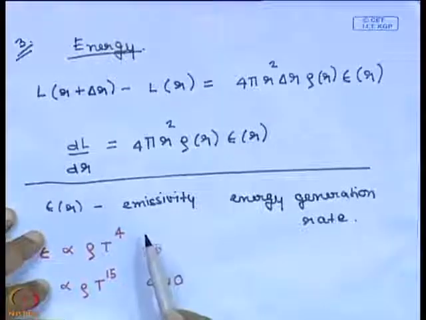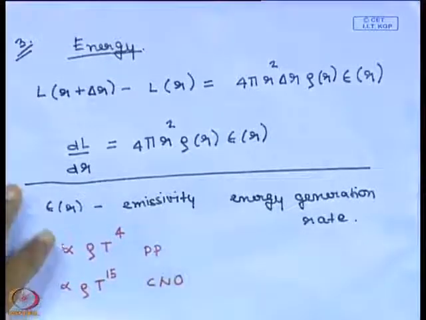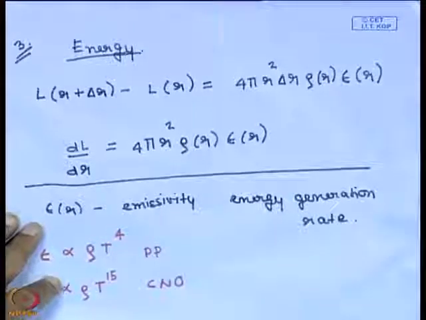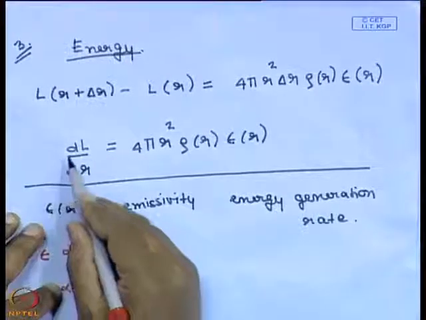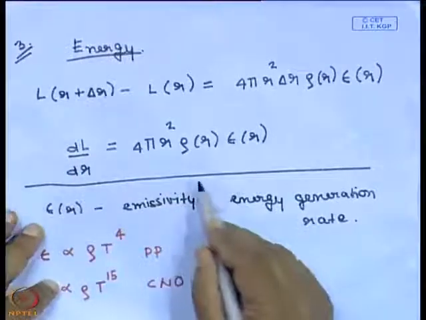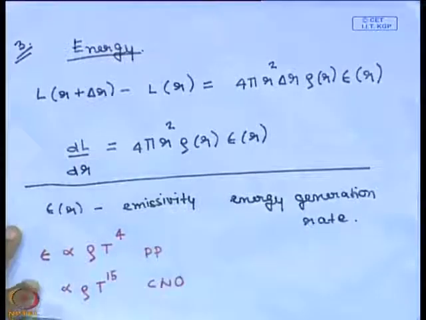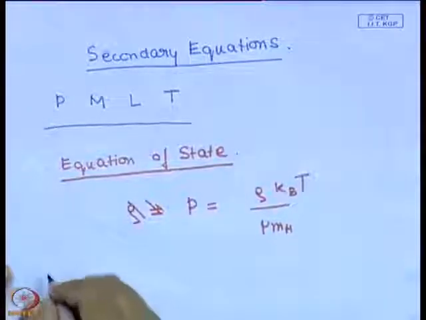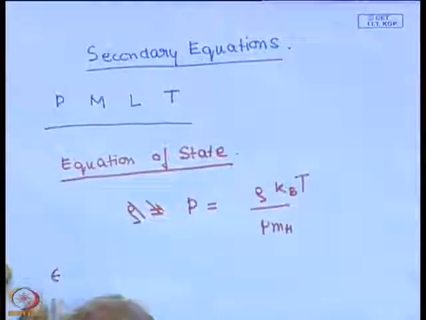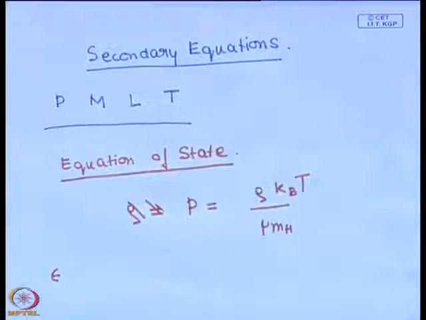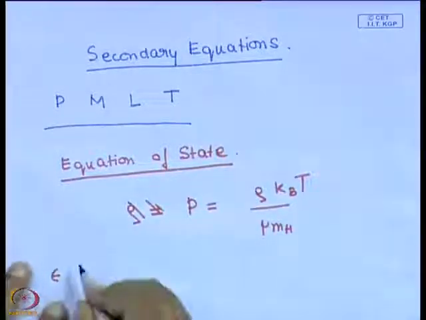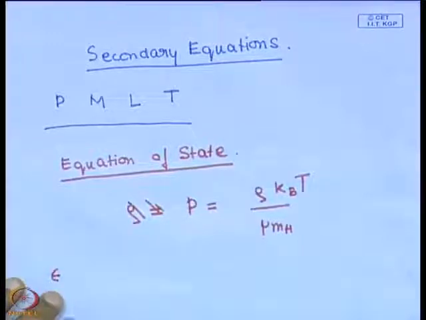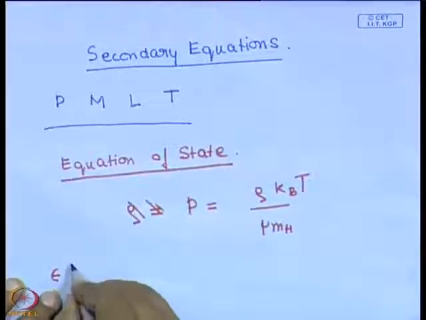it has the energy generation rate or the emissivity. Okay, that comes in when you want to calculate the luminosity, the rate at which the energy is being generated at different parts. So, you need to be told the energy generation rate epsilon, and you need to know this as a function of r.